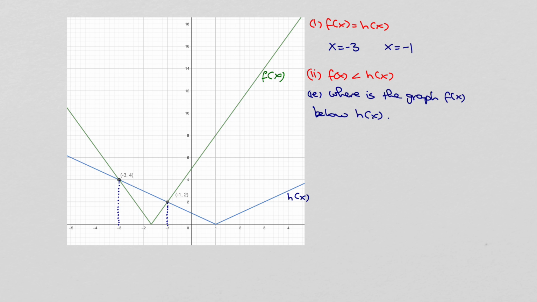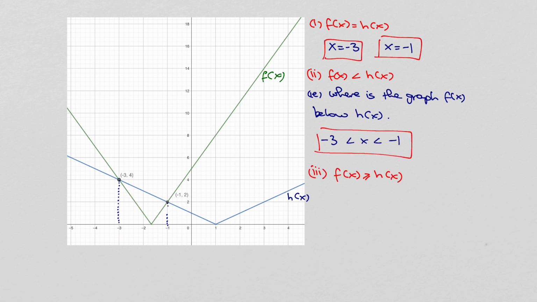So basically we're looking for where is the green graph below the blue graph. And if I look, I can see here the green is below from there. So that means it's basically lying below the blue graph between the values of -3 and -1. So therefore we write that as -3 is less than x, which is less than -1. So in other words, when the input is somewhere between -3 and -1, the green graph f of x will always be beneath the blue graph h of x.